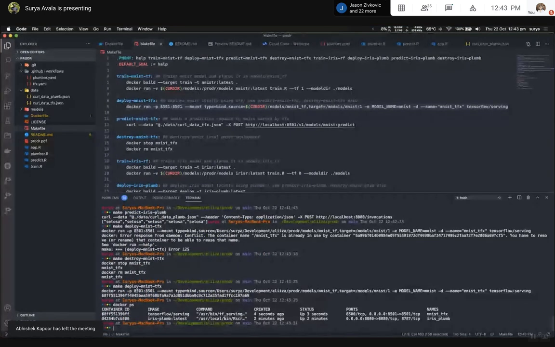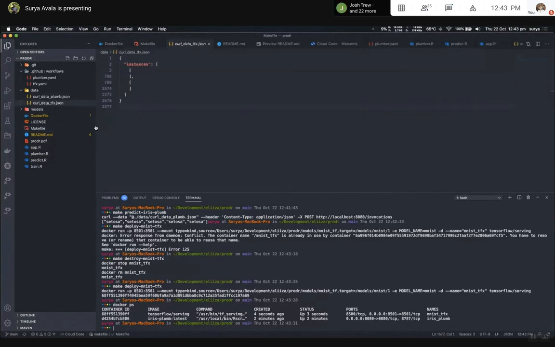If you look at the Docker containers that are running, you could see there is a second Docker container that just started now. Since this is MNIST data, you could see I have 2 instances with essentially pixel MNIST data there. So let's send that request.